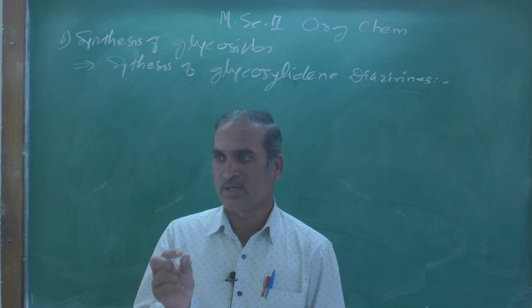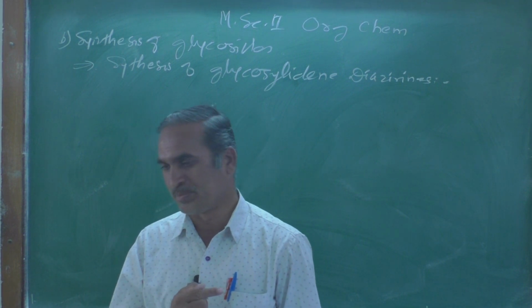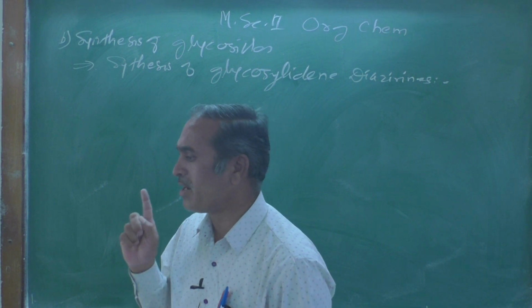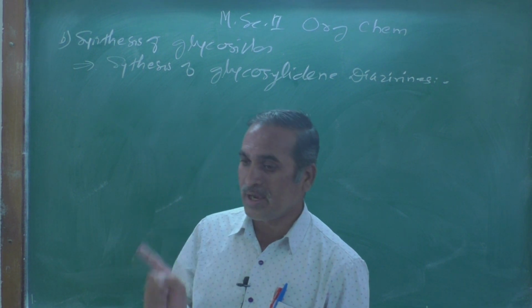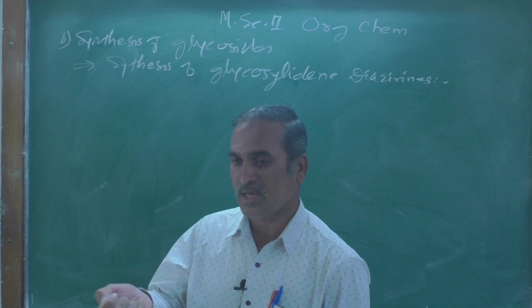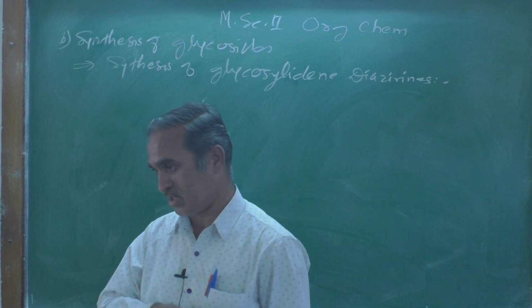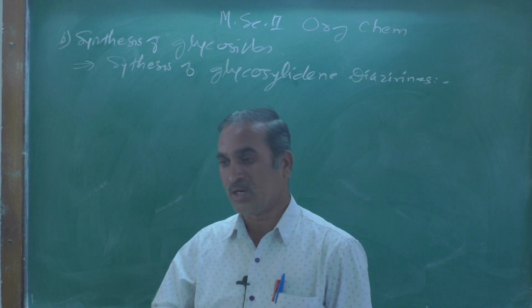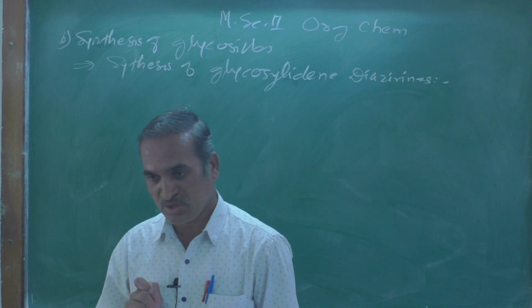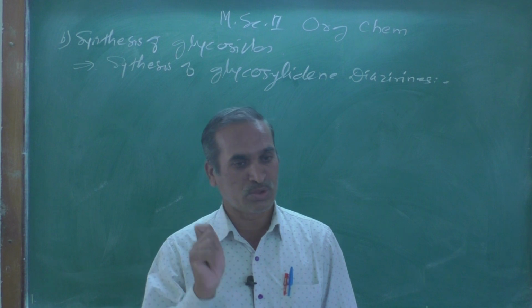It means the configuration of that particular hydroxyl group is not definitely assigned, either on the alpha side or the beta side, if you consider the structure according to the Haworth projection formula. That is one thing you should remember.